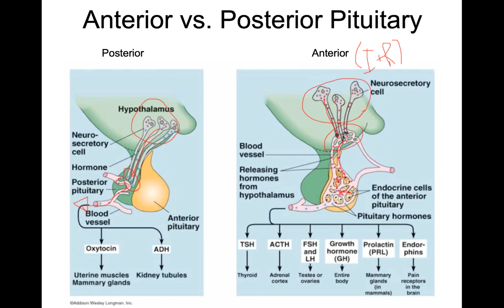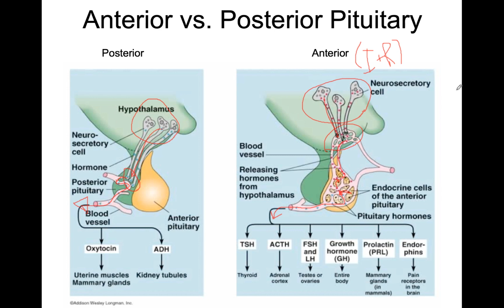Those hormones get put back into the capillary bed, and then out they go to the rest of the body. So, the anterior pituitary itself will make all of these hormones. Versus in the posterior pituitary, that posterior pituitary gland doesn't make these hormones. It just stores them after they're produced in the hypothalamus.